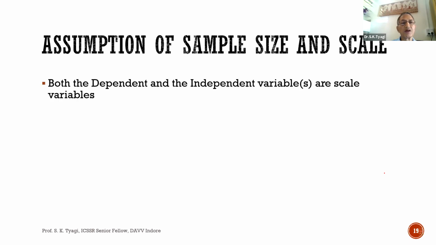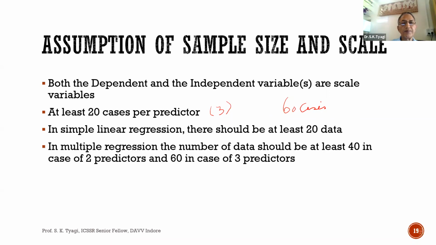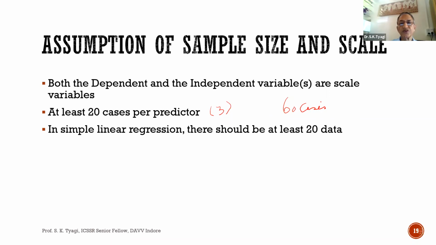So first is the assumption of sample size and scale. Both the dependent and the independent variables are scale variables. This is the assumption regarding scale, and the assumption regarding sample size is at least 20 cases per predictor. So if we have 3 predictors, there should be at least 60 cases. In simple linear regression with only one predictor, there should be at least 20 data.